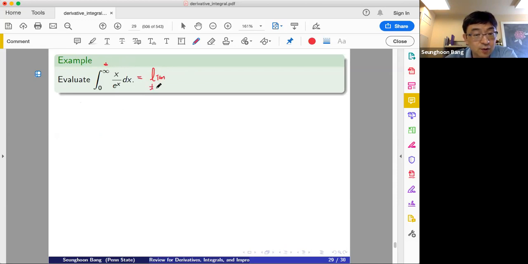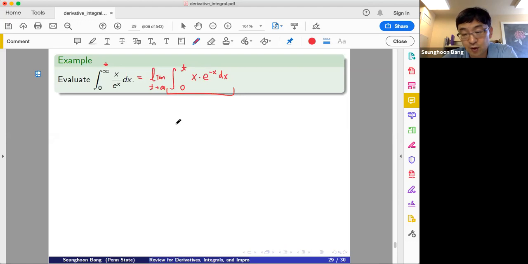Replace infinity by t in the integral from 0 to t. So x over e to the x is the same as x times e to the minus x dx. Like this. So how can you calculate this integral?